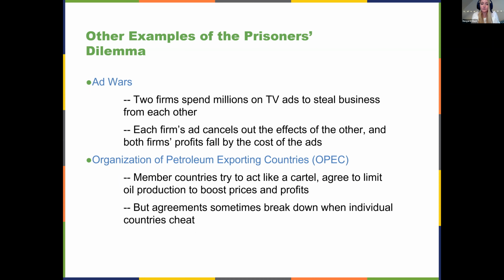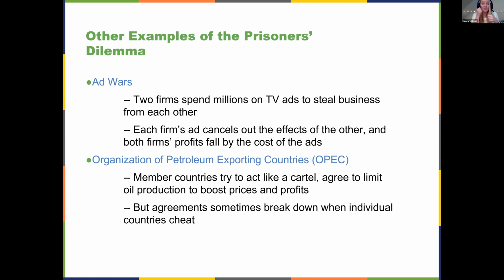Each firm's ad cancels out the effects of the other, and both firms' profits fall by the cost of the ads. If they both agreed to not make as many ads, then both would be better off. They wouldn't be cutting into their profits by making more ads, but there's an incentive to want to run one more ad than the other person to attract more business.